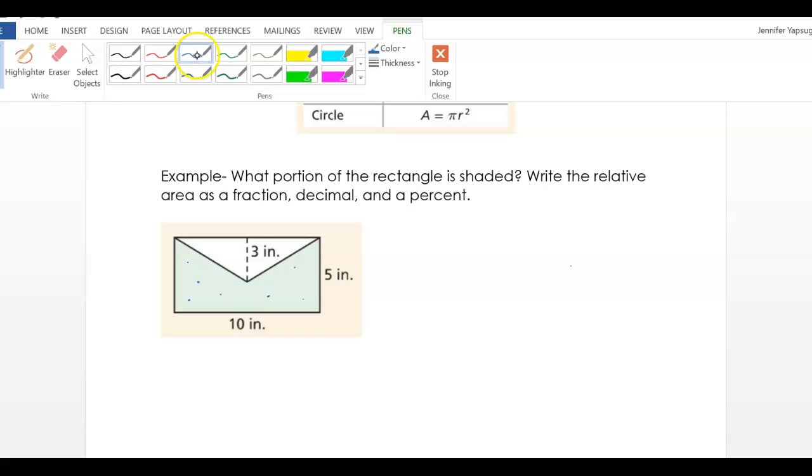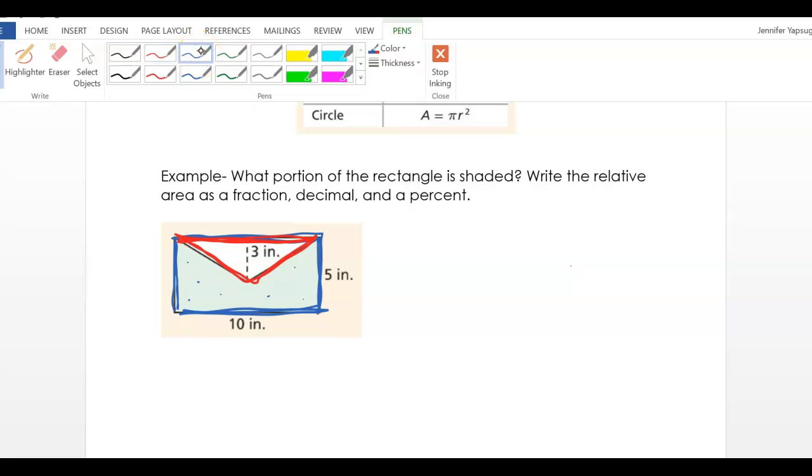I'm going to highlight this in blue. We are looking at one large rectangle, and we're also looking at a triangle. We need to find the area of each of those geometric objects.